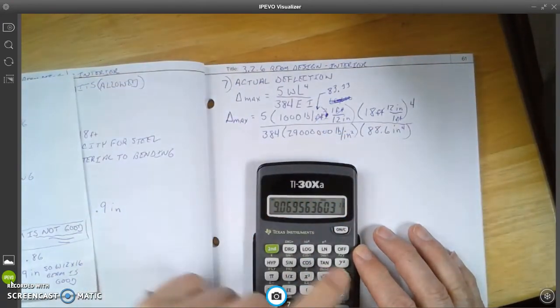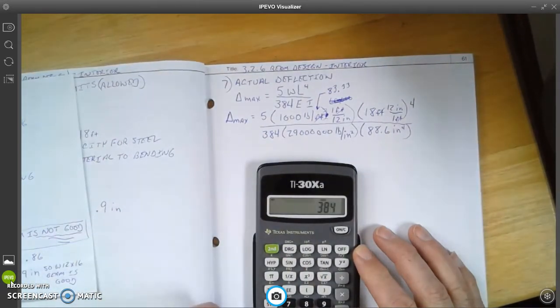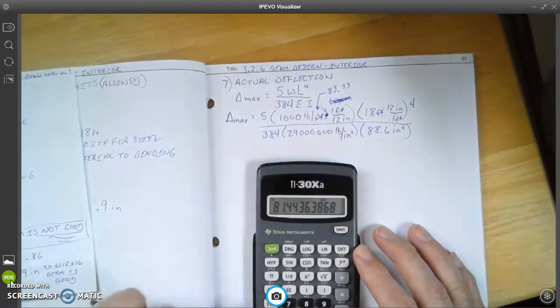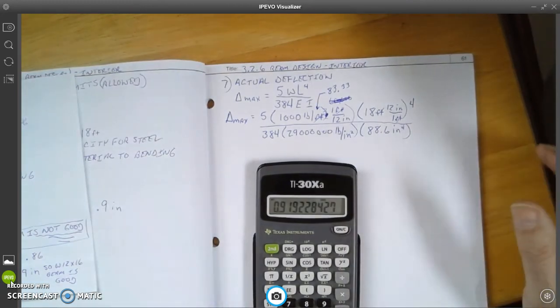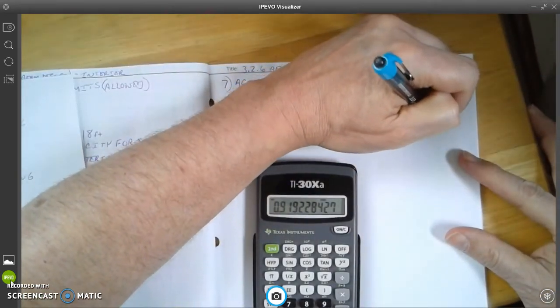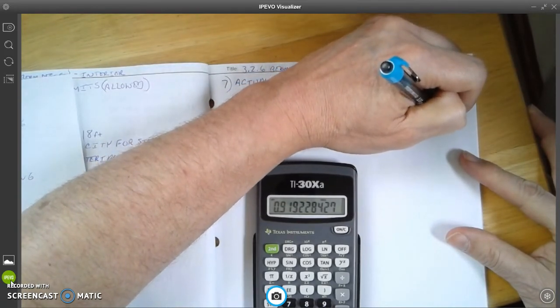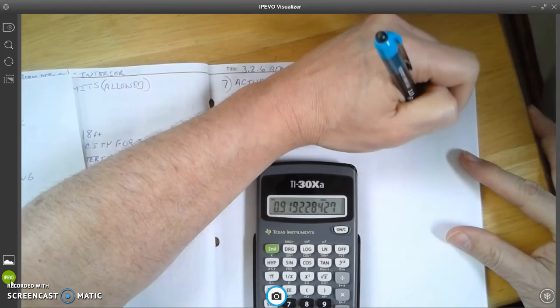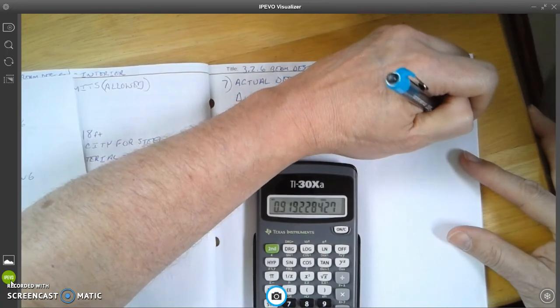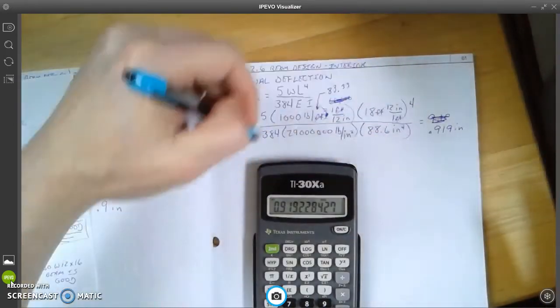So I'm going to take this number and divide it by the 384, divide it again by 29 million, divide it by the 88.6, and I get 0.919 inches.